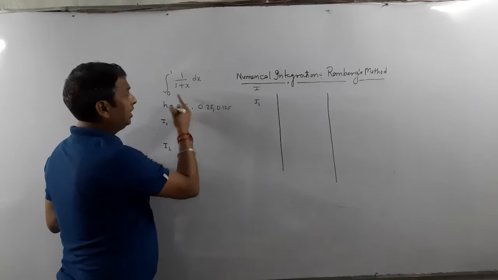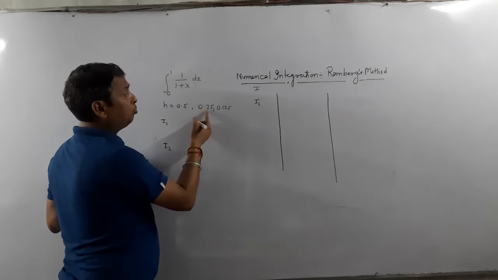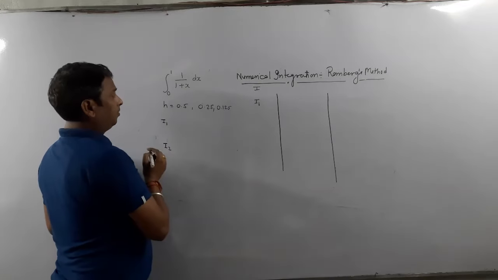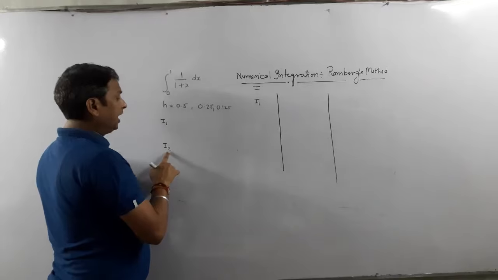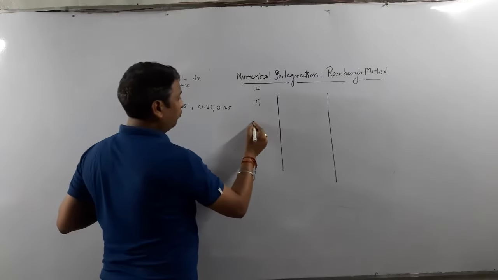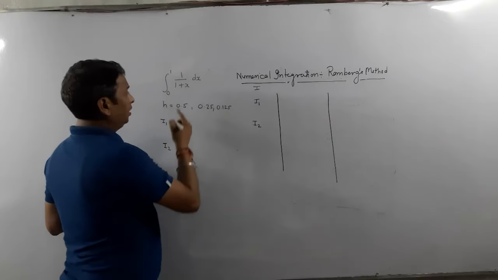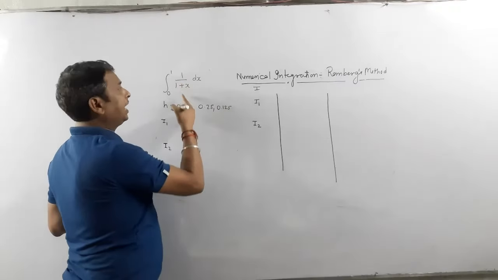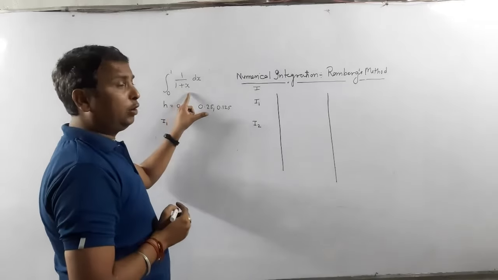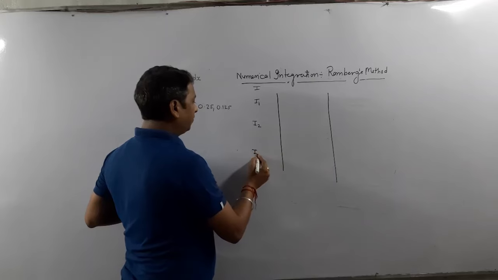I2 means this integral when h value is 0.25, calculated using the trapezoidal rule. Then for I3, take h value 0.125, again calculate the integral value using the trapezoidal rule and denote it by I3.